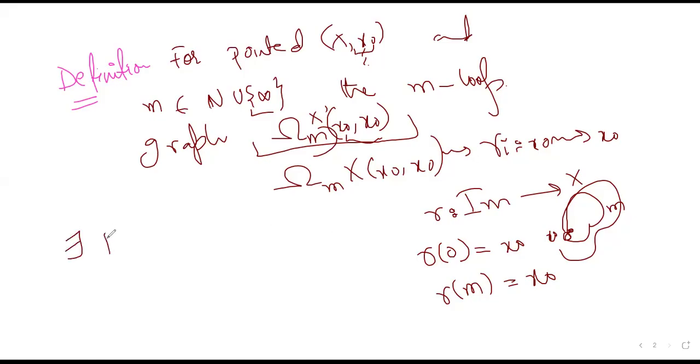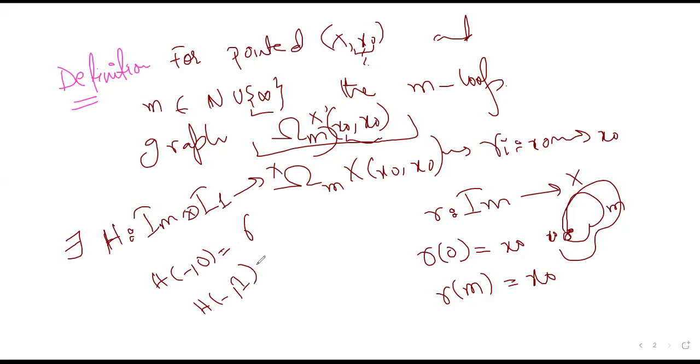And what are the edges? There exists a graph homotopy, a path homotopy. This is a graph map from I_m box product with I_1 to X such that h'(·,0) gives gamma and h'(·,1) gives sigma.